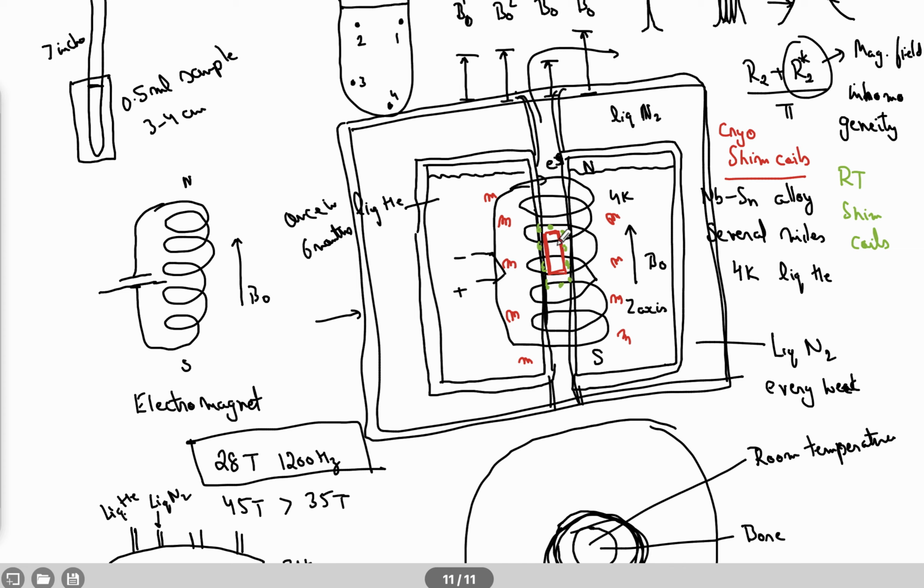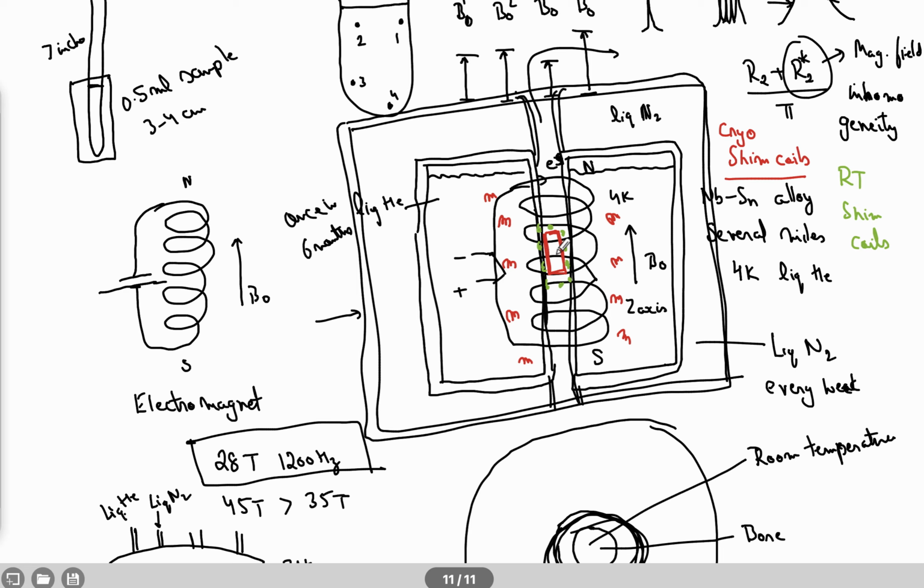So if a magnetic field flux is passing through the sample, it will get perturbed. There is a small amount of susceptibility in the sample, which will perturb the magnetic field to a small extent. That is sample dependent. Every sample has its own magnetic susceptibility, and that's why the magnetic field perturbation from inserting individual samples is different.